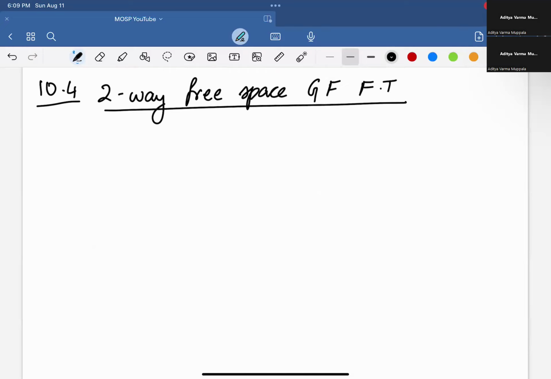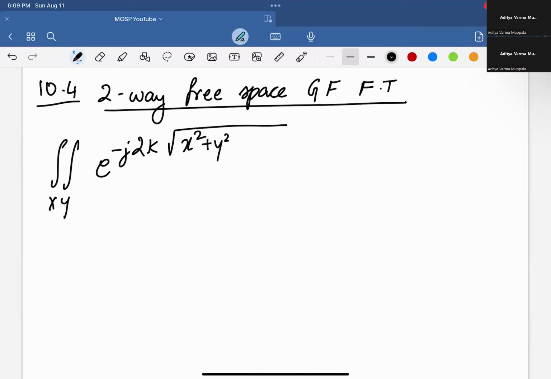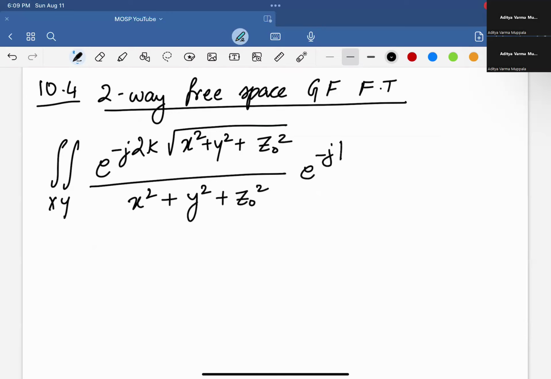The two-way case will be the double integral over x and y of e to the minus j 2k square root of x squared plus y squared plus z naught squared, divided by x squared plus y squared plus z naught squared, times e to the minus j kx x minus j ky y, dx dy.